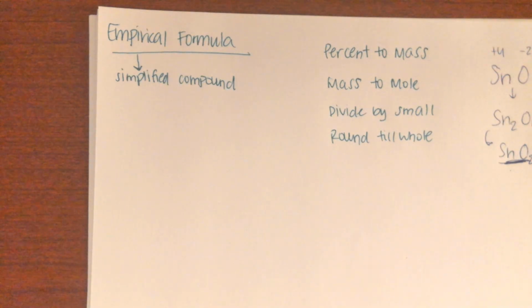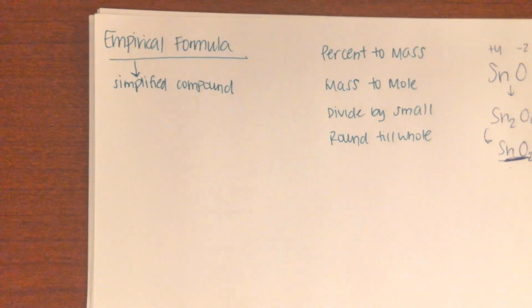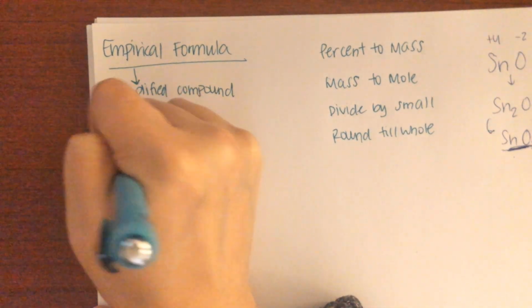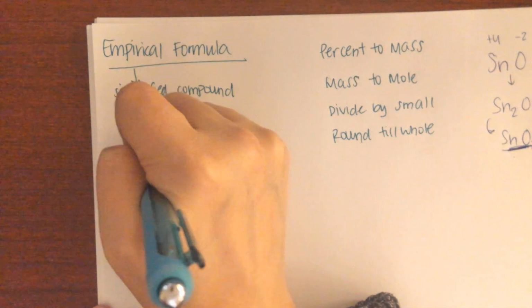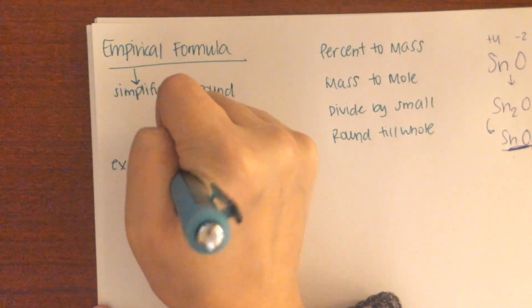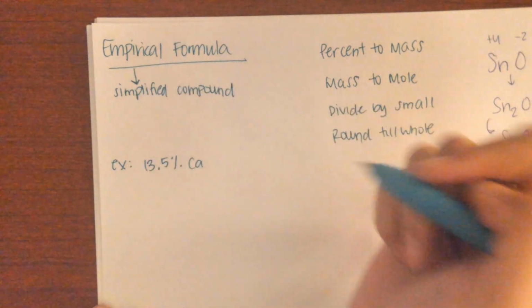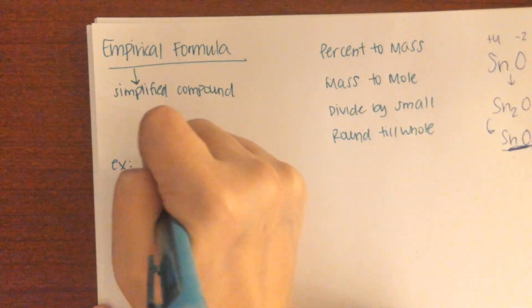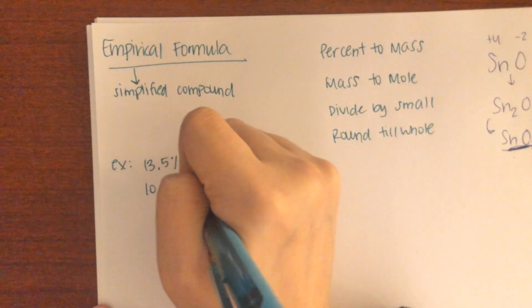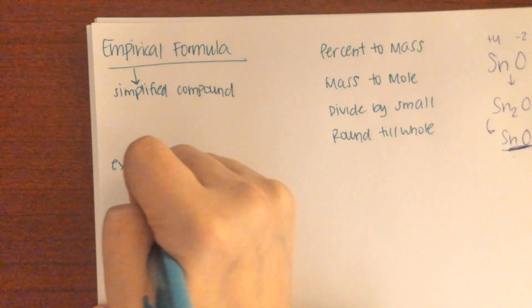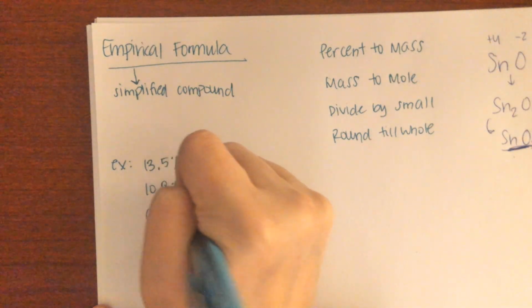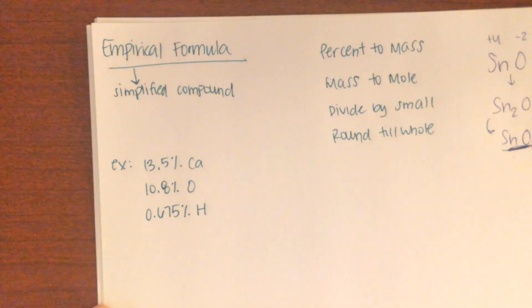Okay, so here is an example of an empirical formula example. Let me just pull one up. Let's say we have 13.5% calcium, 10.8% of oxygen, and 0.675% of hydrogen.